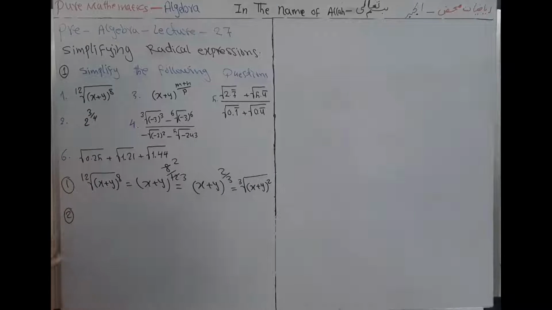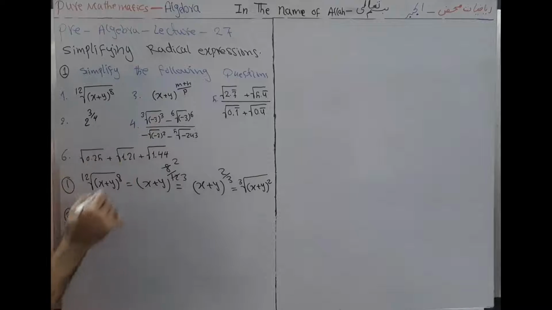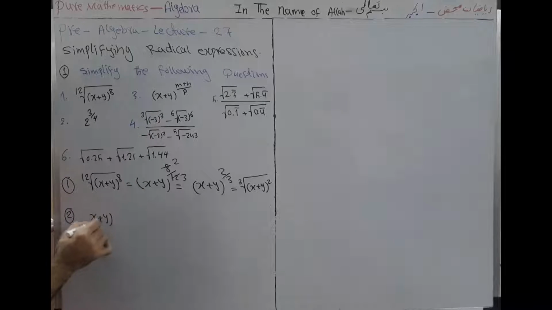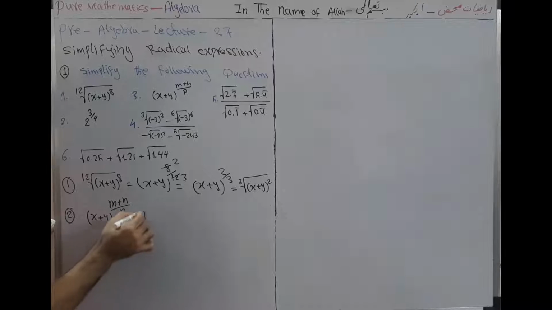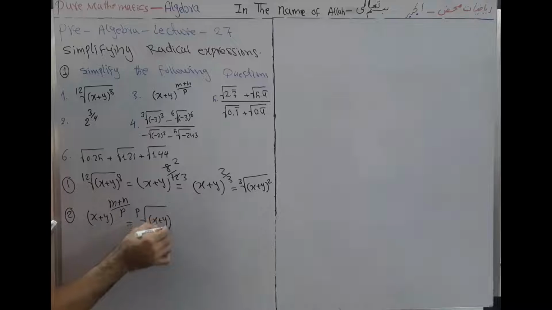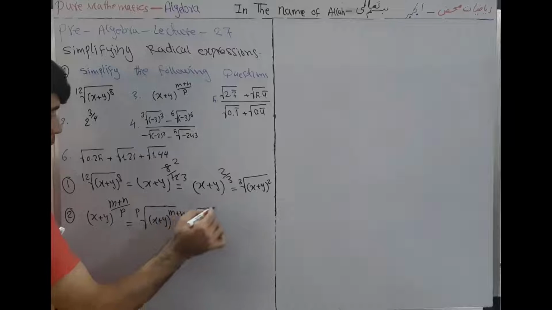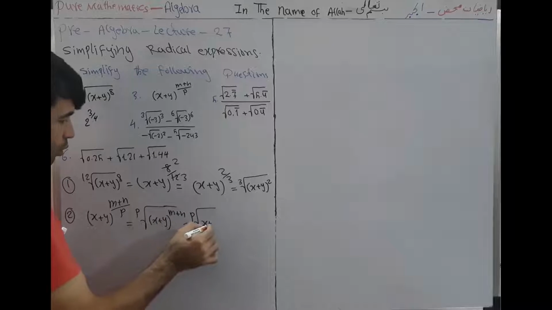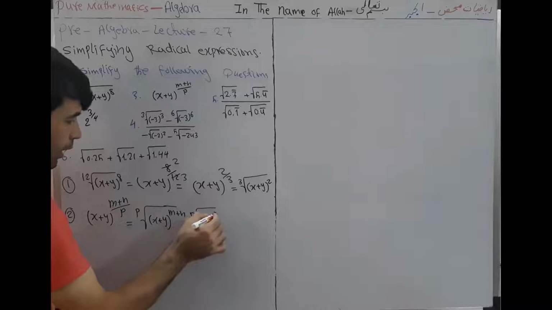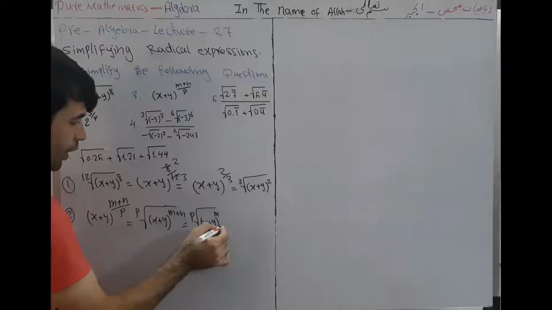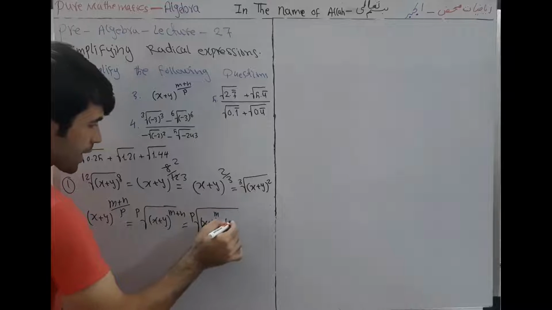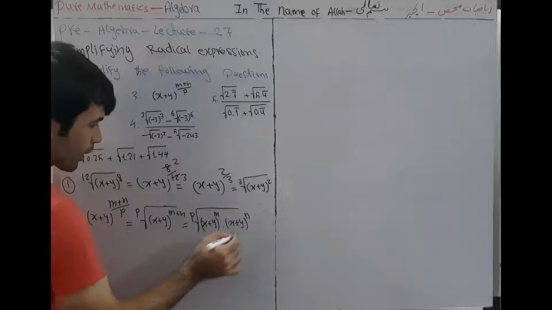Question 2: (x plus y) whole to the power (m plus n) over p is equal to the pth root of (x plus y) whole to the power m plus n. It is equal to the pth root of (x plus y) whole to the power m multiplied by (x plus y) whole to the power n.